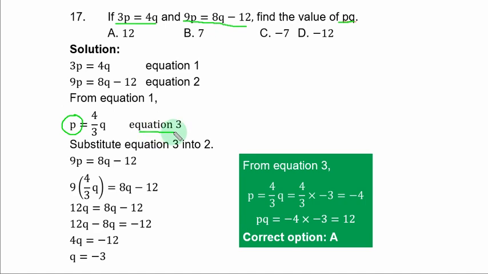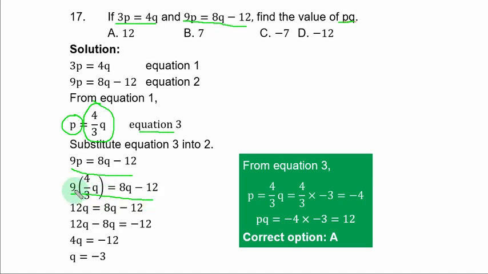To continue with the solving, you have to put equation 3 into equation 2. So this is equation 2. Anywhere you see P, you replace it with 4 over 3 Q, and that is what you have here.